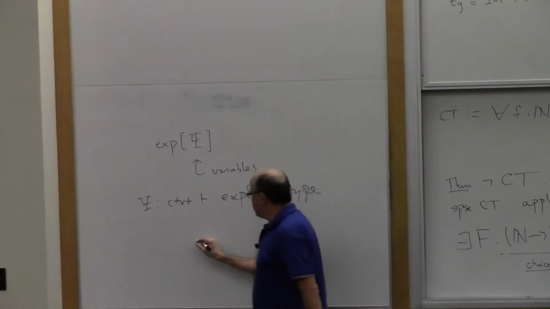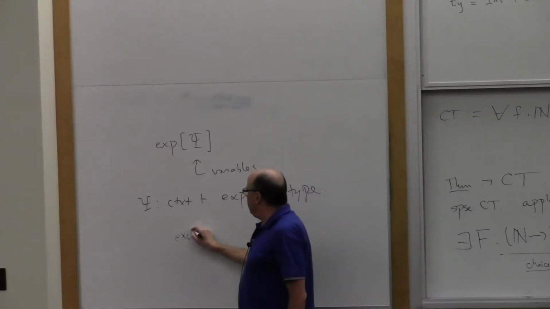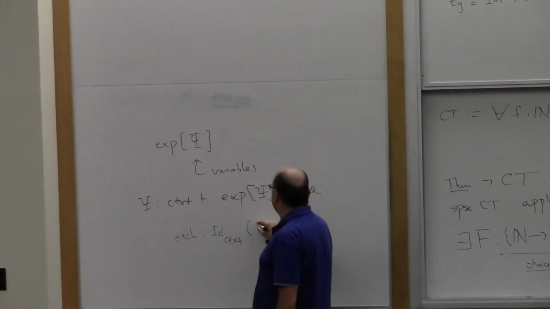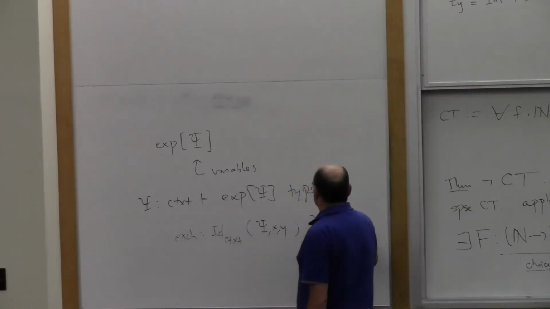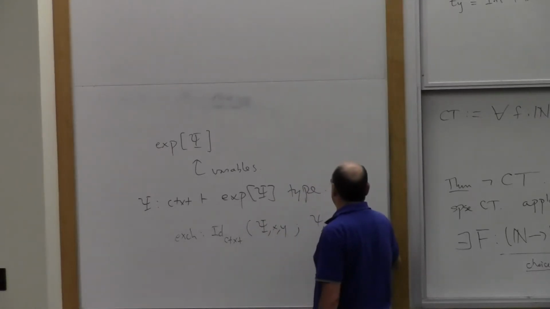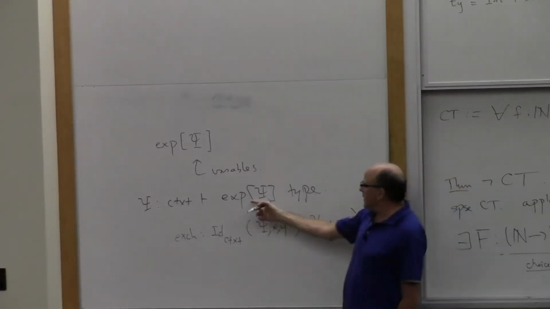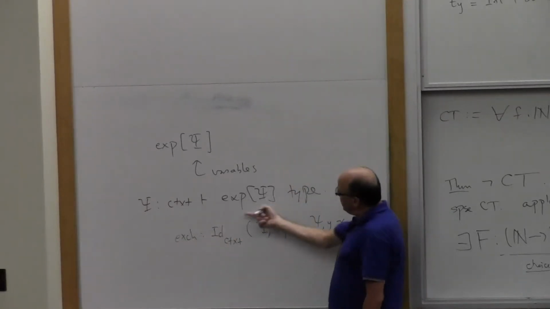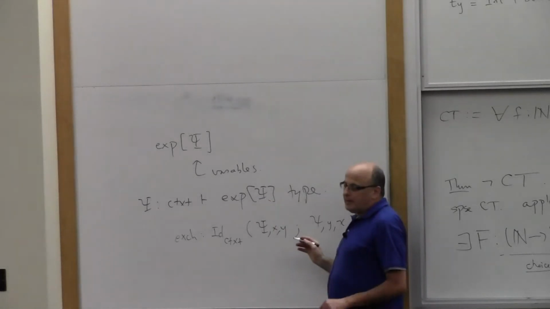So you could say, for example, there's an identity exchange, which is an element of the identity type on contexts, between, let us say, psi with x and y, and psi with y and x. And then the J rule, or the subst rule, lets you lift this path between these two contexts as a renaming operation on exp. And it works for structural properties.